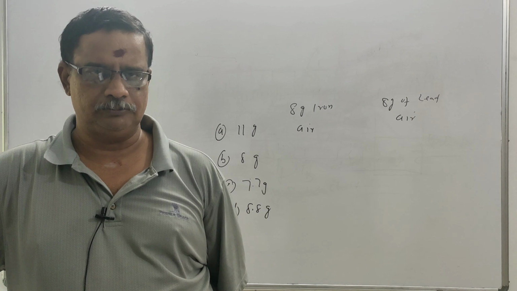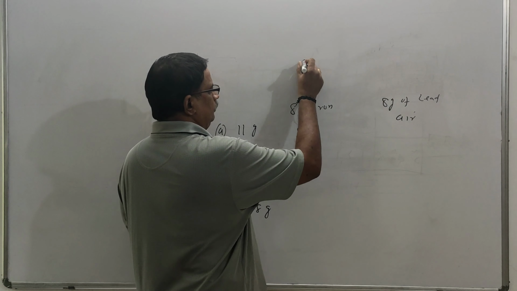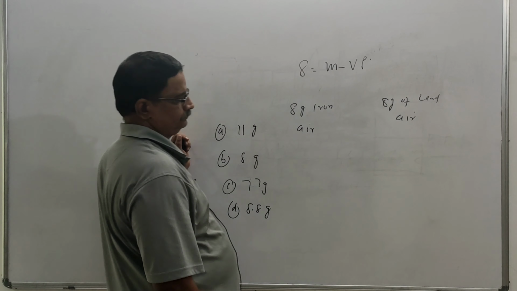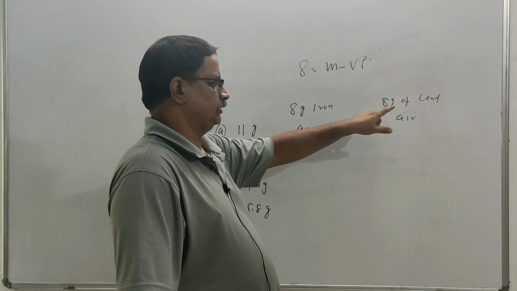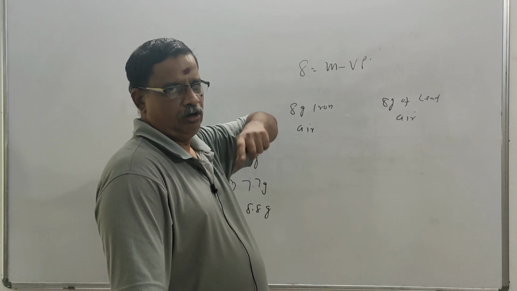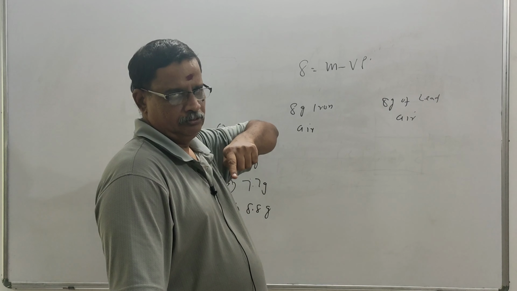Hope you have understood. So according to Archimedes principle, 8 should be equal to m minus v rho. M is the mass of the lead that you are going to put in the other pan. V is the volume of the lead and rho is the density of water.